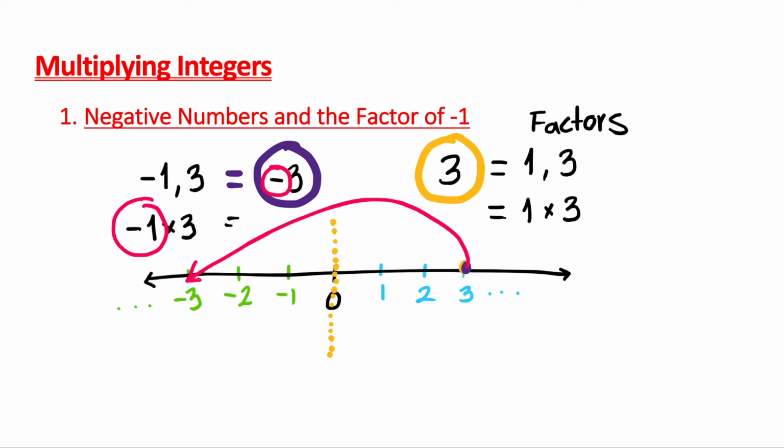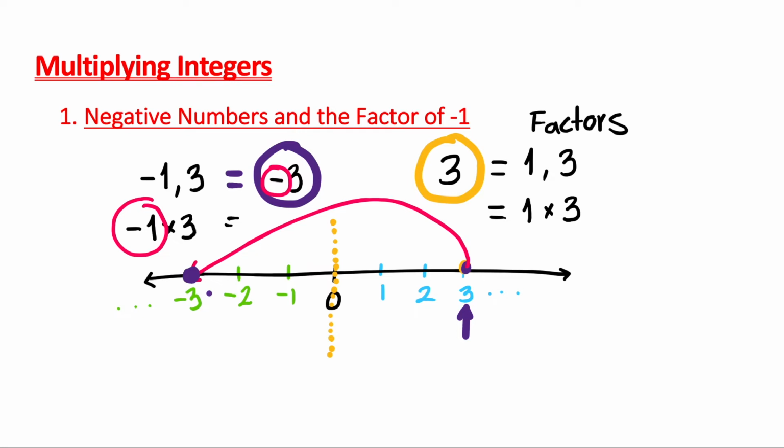Boom. And locating it here. So that's what this negative is doing. Agree? When I have a positive number and I multiply by negative 1, it lands on the other side of the number line, the negative side. So it switches the number from being on the positive side, the 3, and throws it all the way to the negative side, and it's negative 3.